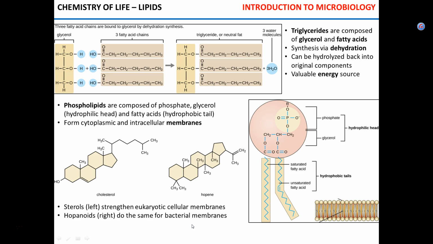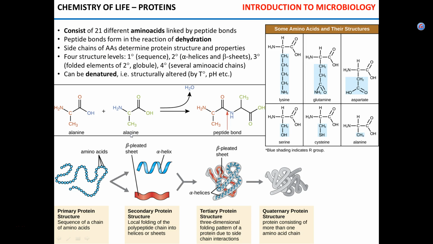So certain biochemical signaling may be changed by changing the membrane rigidity. You kind of lock molecules in a certain part of the membrane. Don't let them go away. So transport and signaling can be affected by those molecules. And pretty much the difference, along with the structural, is that sterols are in eukaryotes, hopanoids are in bacteria.